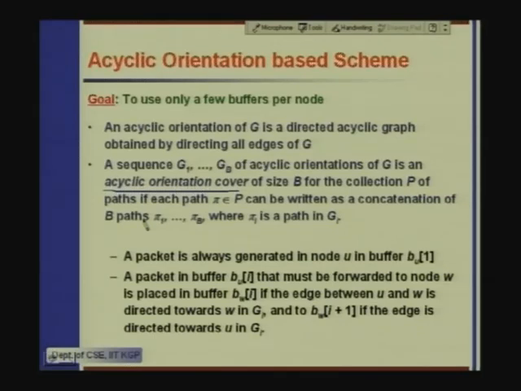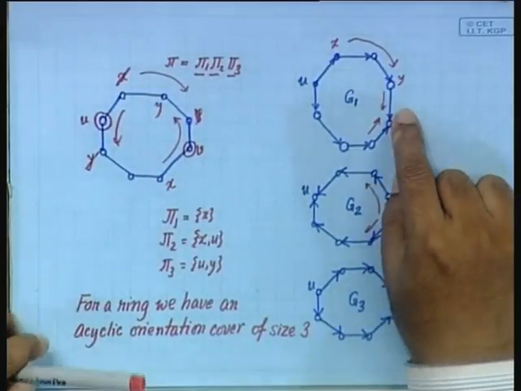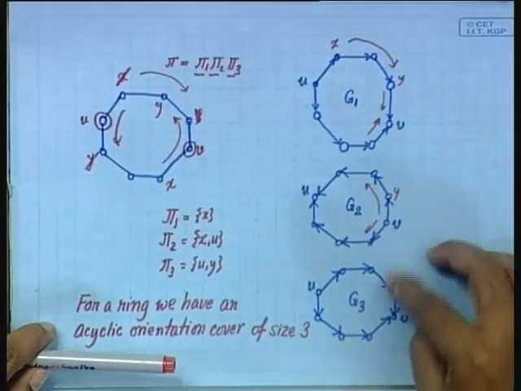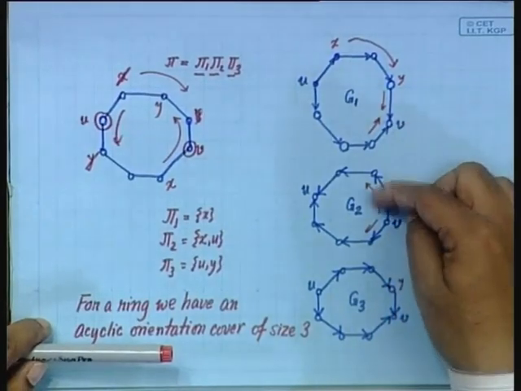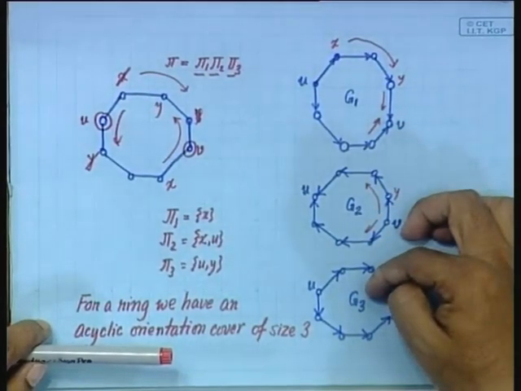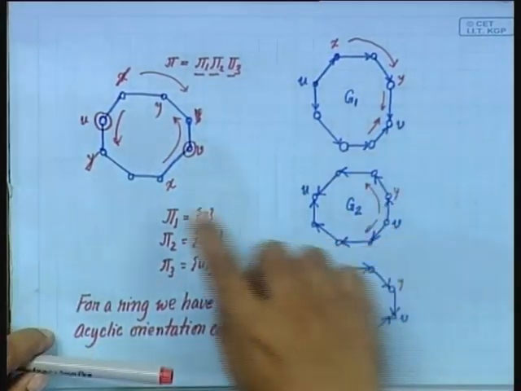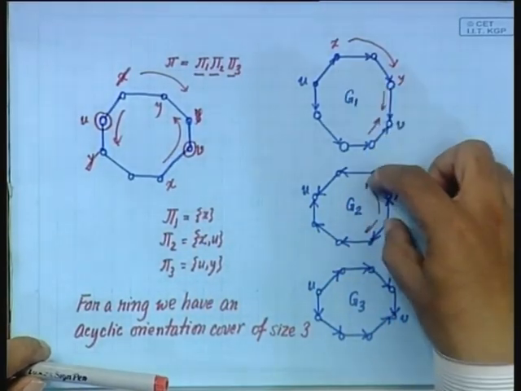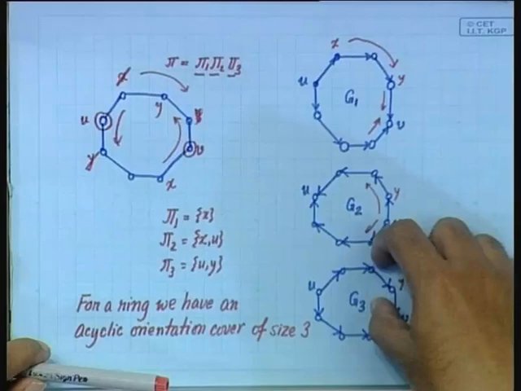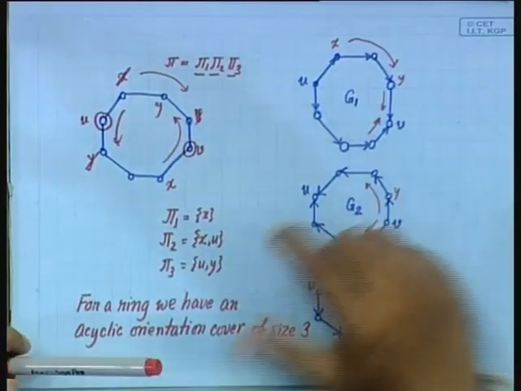Let us come back to this ring network. It has 3 different planes, right? G1, G2, G3. Every path between a pair of vertices x and y was being replicated as a concatenation of paths in this, right.